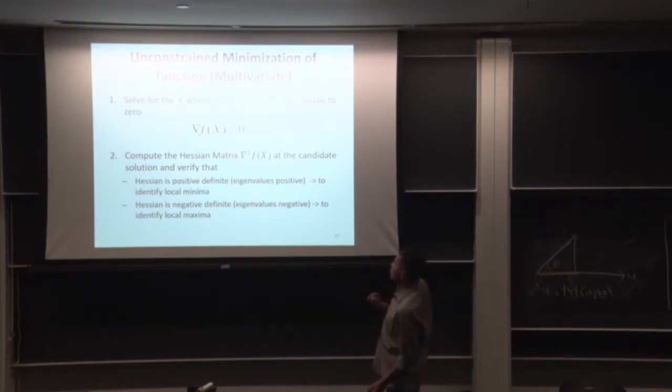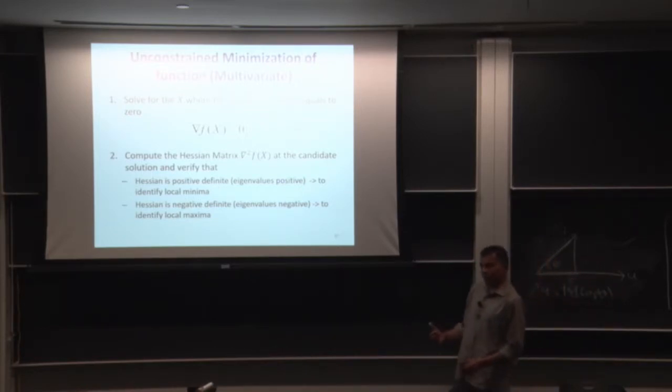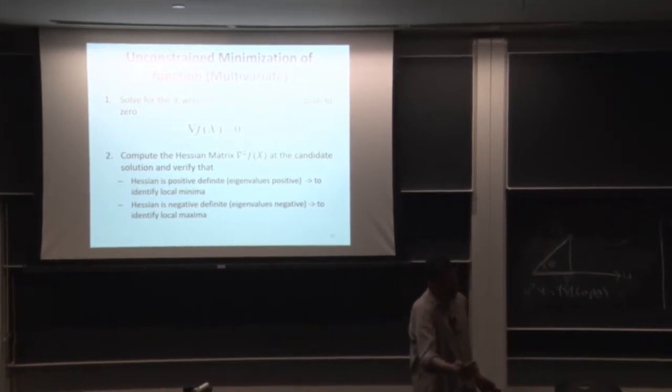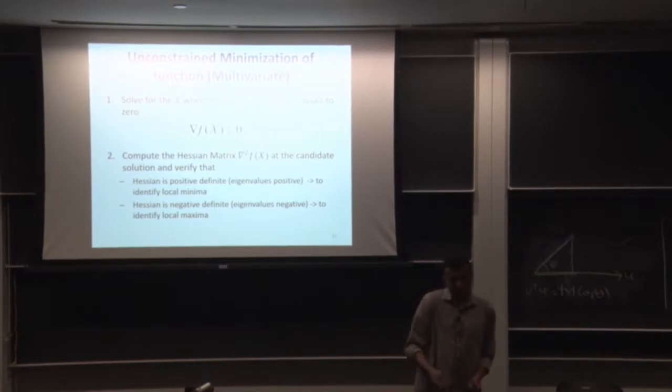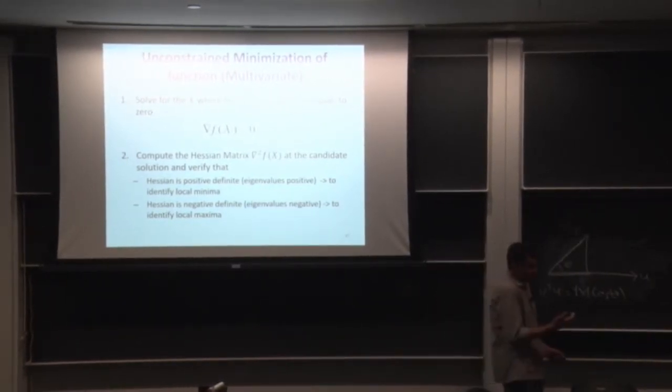So what we will do is solve for where the gradient equals 0. Then you'd compute the Hessian at the candidate location, and the directions where the eigenvalues of the Hessian are positive are directions in which you have a minimum. The directions in which the eigenvalues are negative are directions where you have a maximum.